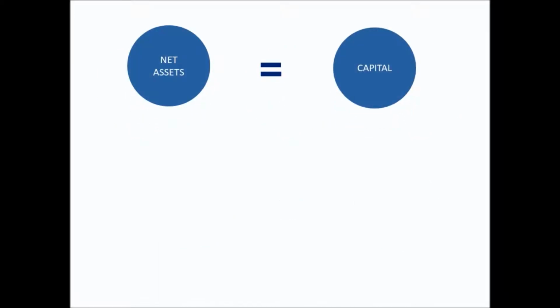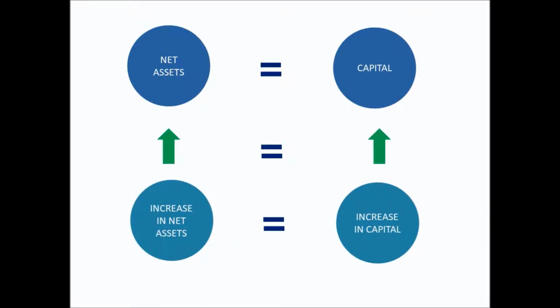Remember that both sides of the equation should be equal at any point of time. So net assets will always be equal to capital or stockholders' equity. So any increase in net assets should also be equal to the increase in capital. We can therefore say that increase in net assets is equal to increase in capital.